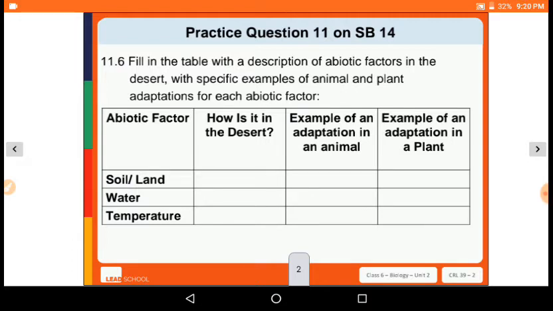So first we have abiotic factors in the first column of the table: soil or land, water, or temperature. Now we fill in the particular columns in the table, like how it is in the desert, an example of an adaptation in animals, and an example of an adaptation in a plant, etc.